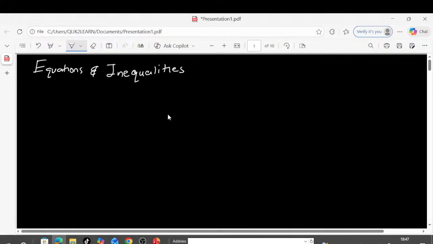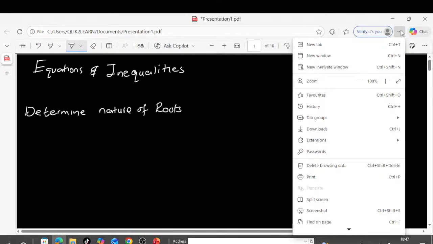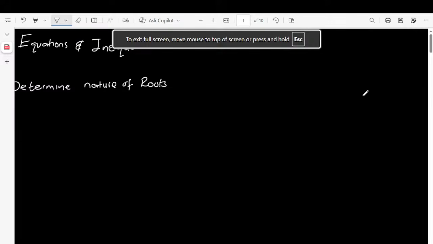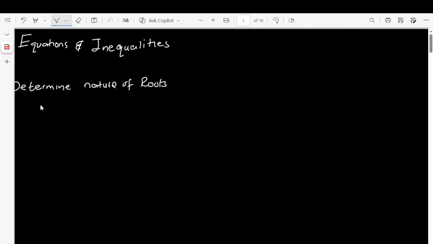So now remember, if I need to determine the nature of the roots, we'll start with the basics. If I say the nature of the roots, remember we use the discriminant, which equals b squared minus 4ac.